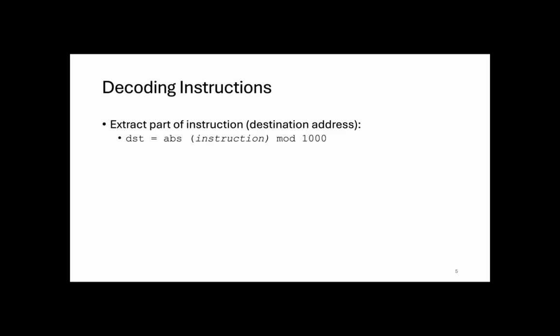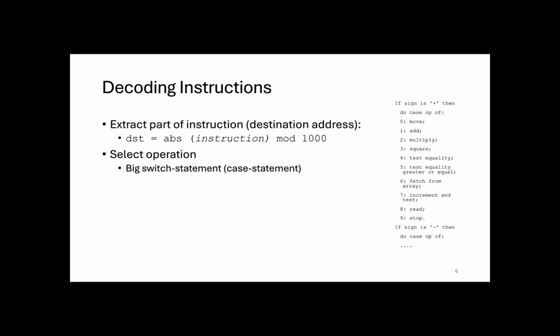To extract the different parts, we can use the mod operator. This is an example: we want to extract the destination portion of the instruction. So we do a mod operation, mod 1,000, and that will extract the destination part from our instruction.